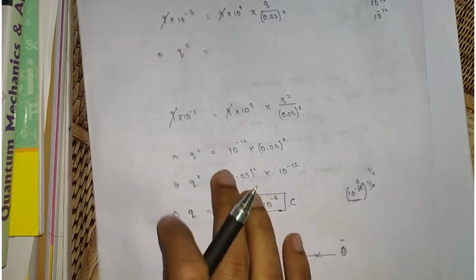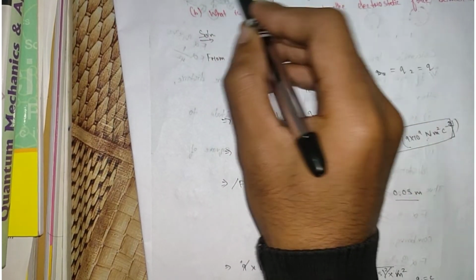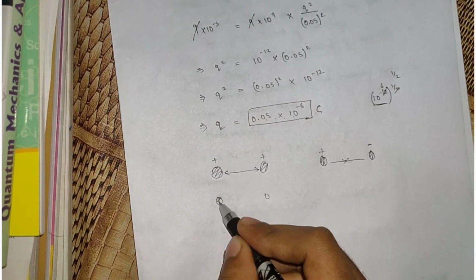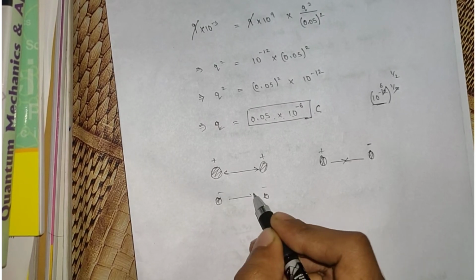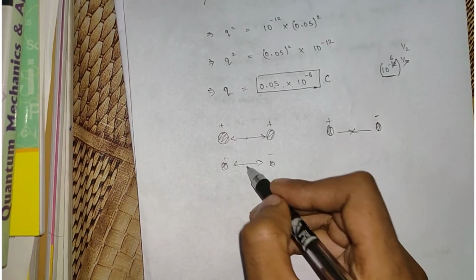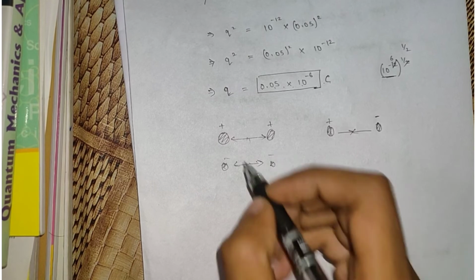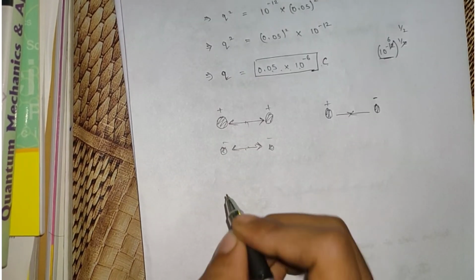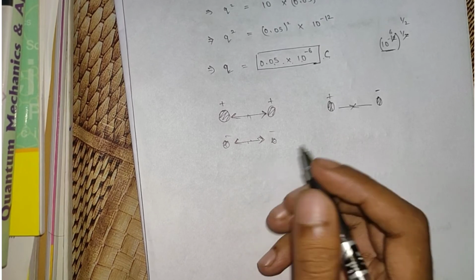So here, as they are like charges, both are either plus or both are minus, but in either case they will repel each other, so the direction of force will be repelling in nature. That's the answer to the second part of the question.